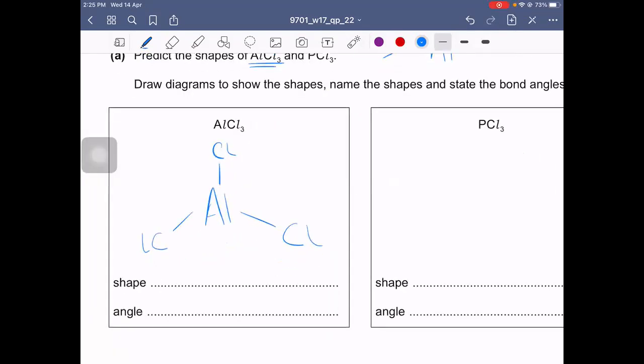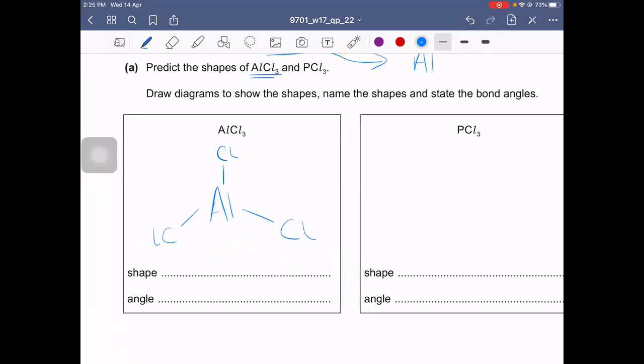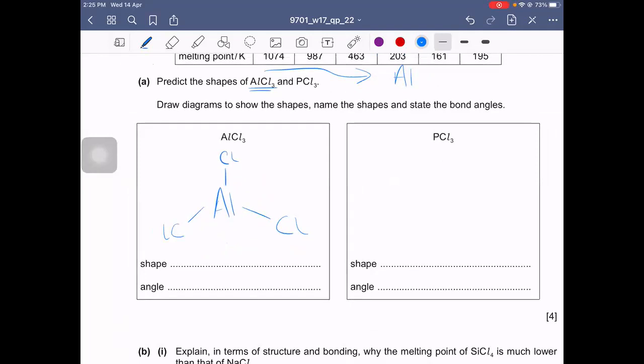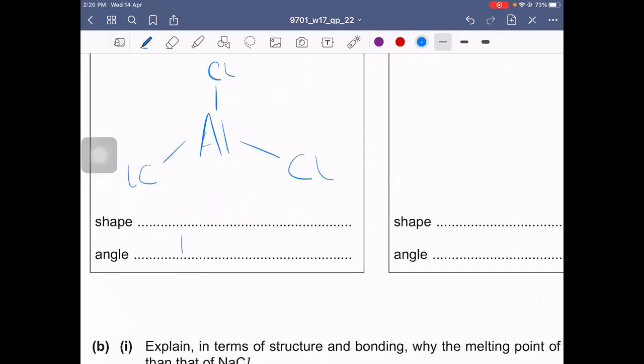All 3 electrons are consumed. There are no lone pairs, only 3 bond pairs. With 3 bond pairs, we have an angle of 120 degrees and a shape of trigonal planar.